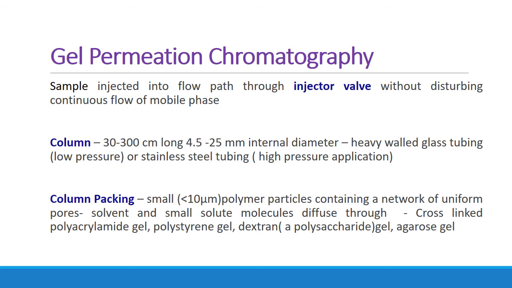The column is packed with small polymer particles of dimensions generally less than 10 micrometers, containing a network of uniform pores. The solvent and small solute molecules diffuse through the column. The cross-linked polymer may generally be either polyacrylamide gel, polystyrene gel, dextran gel, or agarose gel.